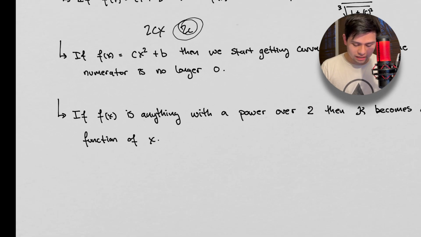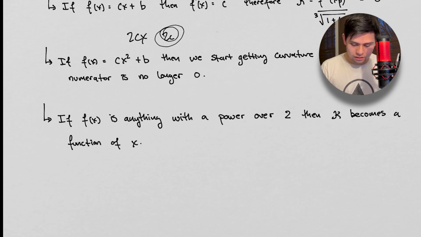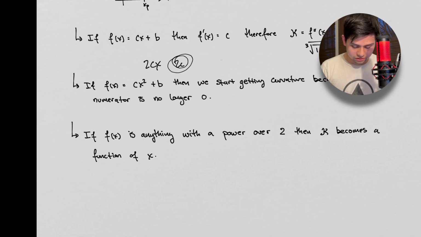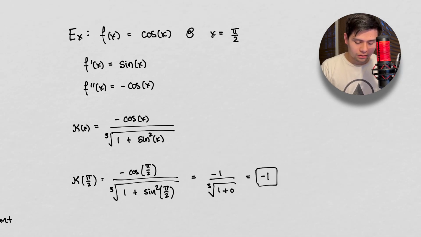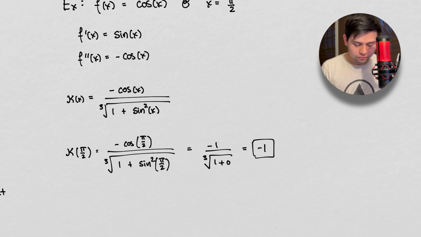So that's to say that, for example, I actually have an example right here. If f of x was cosine of x, and we want to understand the curvature at pi over 2, then we get these guys right here, right? So the first derivative is negative sine of x, the second derivative is negative cosine of x.